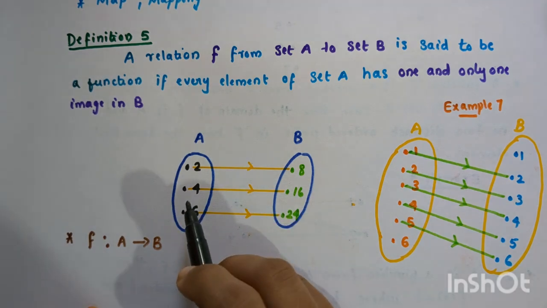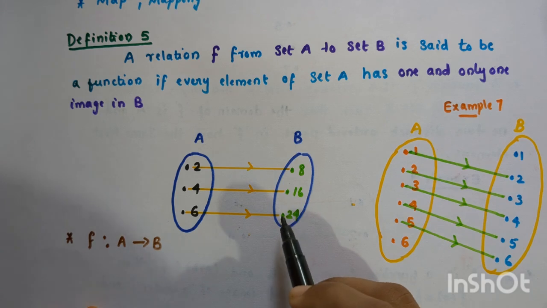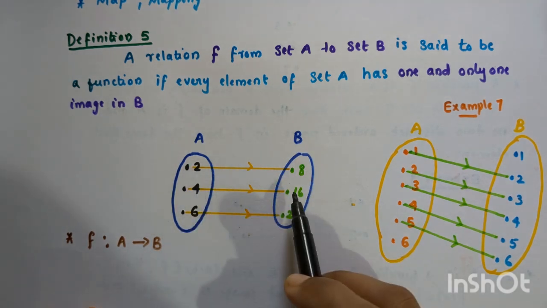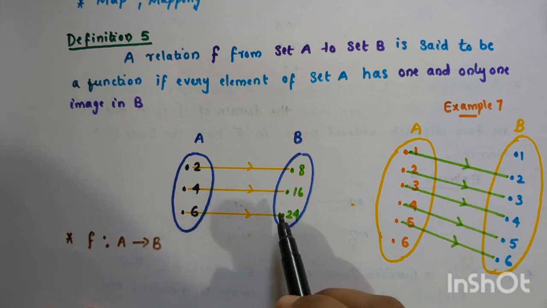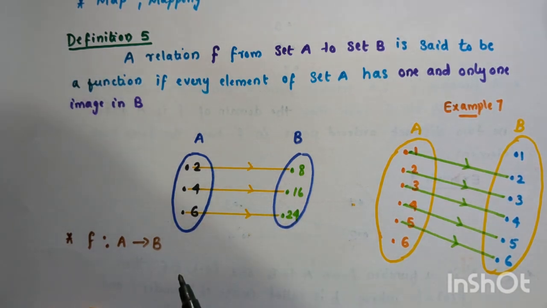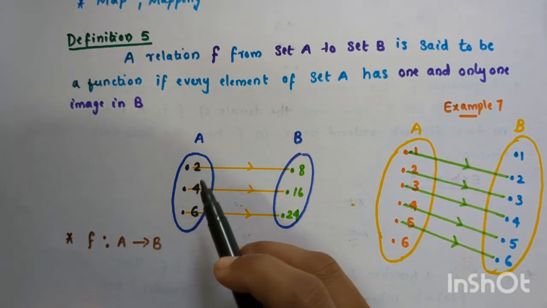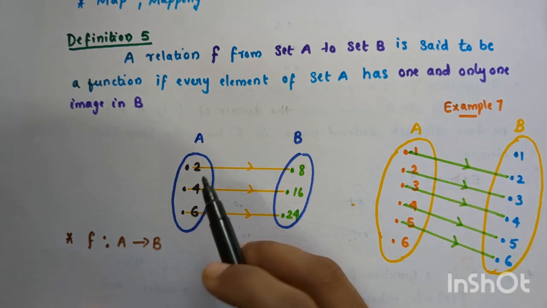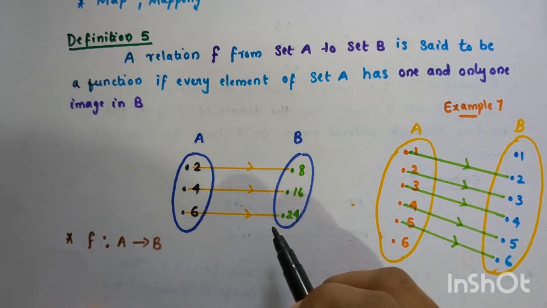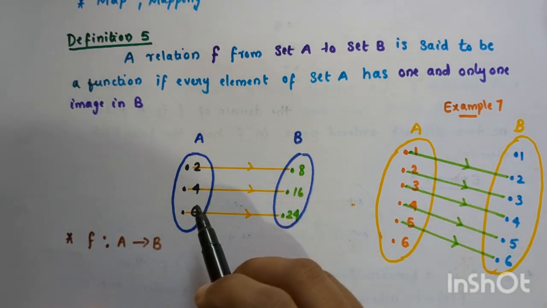Here, every element of set A has only one image in set B: 2 has only one image 8, 4 has only one image 16, 6 has only one image 24. So this relation is a function, because every element of set A has one and only one image in set B.